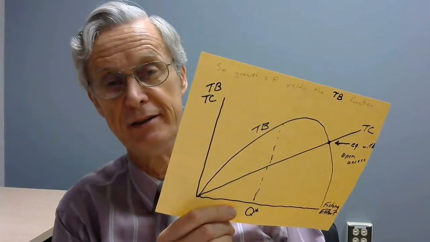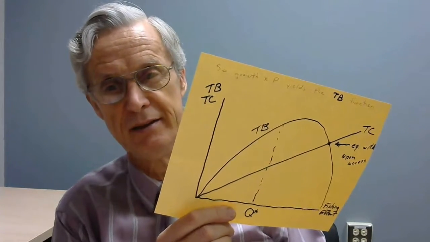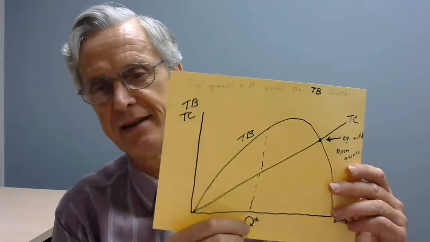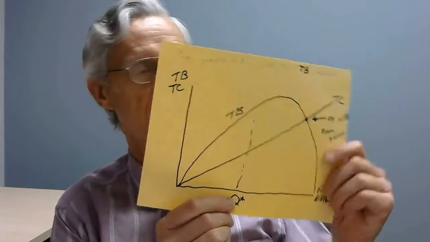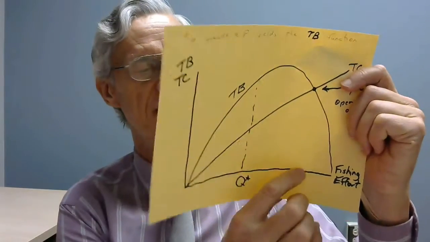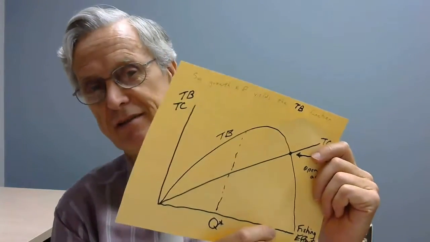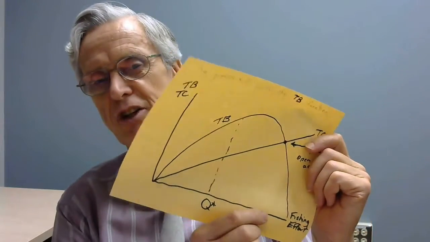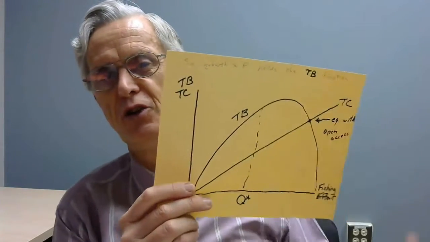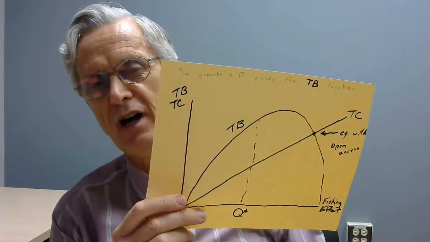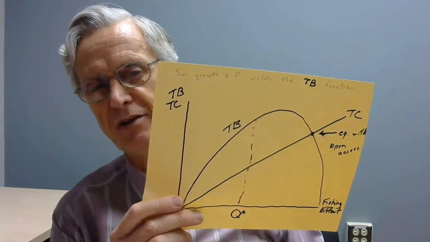more fishers will enter. There'll be more fishing effort made way past the efficient level of fishing effort. Right over here, I didn't mark it on the graph, but right down here, that's the fishing effort, a lot of fishing effort. Expensive, lots of boats out there. And just like with the groundwater situation, there are two things going on that speak to the inefficiency of it.